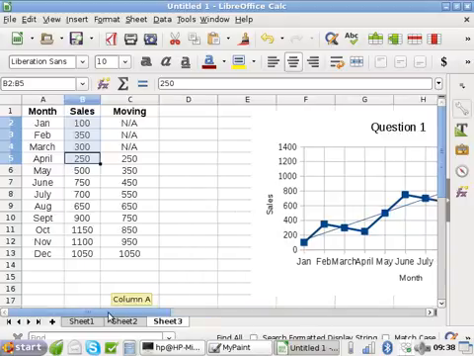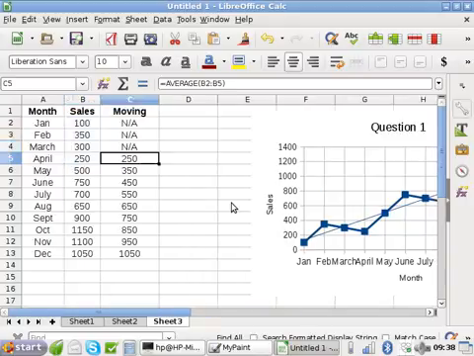If you look at the moving average, how's it changing? What's the change each time? Increasing by 100. So actually that's the trend. This trend line here is increase by 100 every month. So the trend is a 100 increase per month.